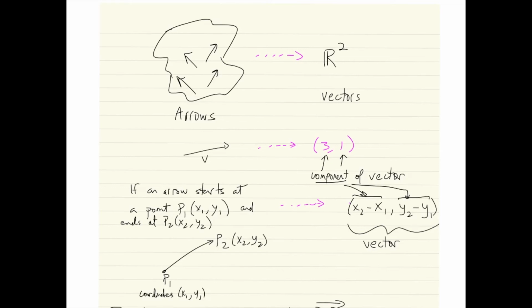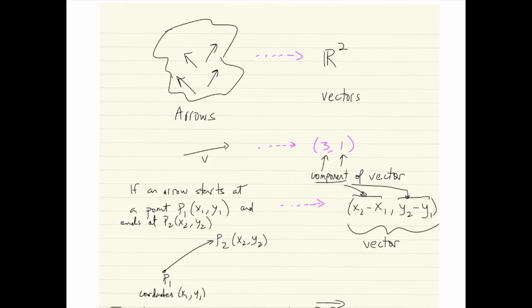Hopefully the example on the previous page shows that when I had this vector that started at, I think it was 10, 1 and ended at 13, 2, it's going to be associated or equal to the vector that starts at the origin and then ends at 3, 1. So to associate this vector to 3, 1, what we want to do is take the change in the x coordinates and the change in the y coordinates.